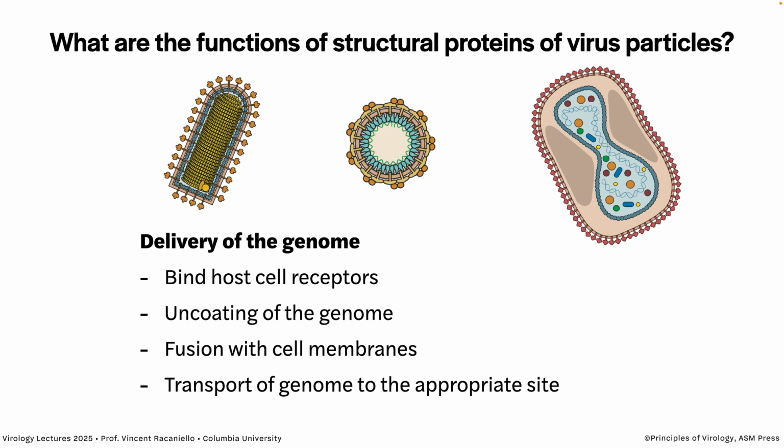For viruses with membranes, and these particles all have membranes, the way the nucleic acid gets out typically is by the membrane fusing with that of the host cell. And we'll see that on Wednesday as well. And then finally, in many cases, these structural components of the virus particle have to get the genome to the right place in the cell. The genome, of course, meaning the DNA or the RNA. So those are just a few of the functions of structural proteins of viruses.